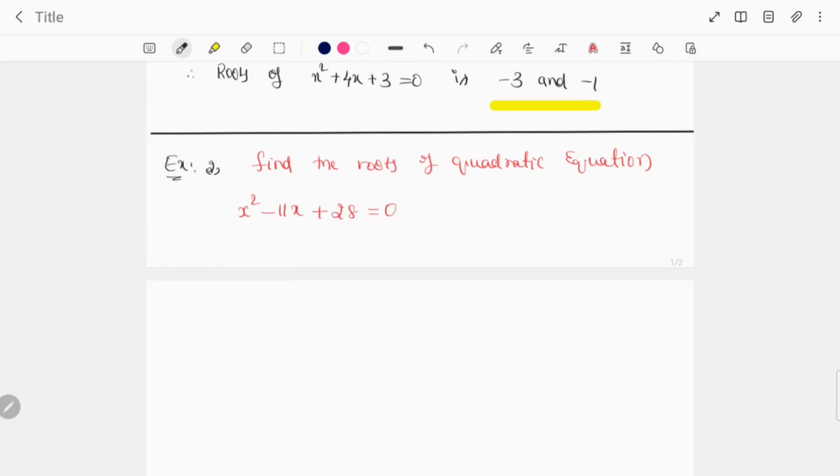You are going to get at most 2 roots of a quadratic equation. Here the given equation is x square minus 11x plus 28 equal to 0.